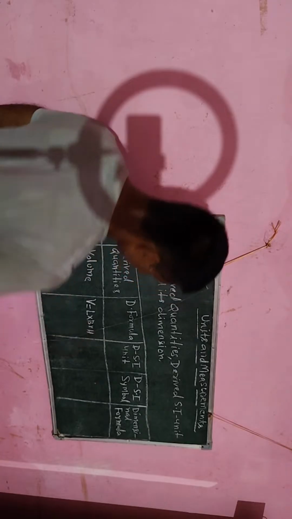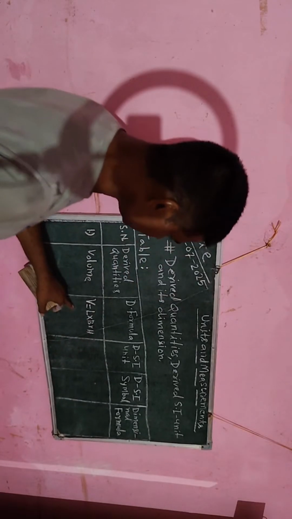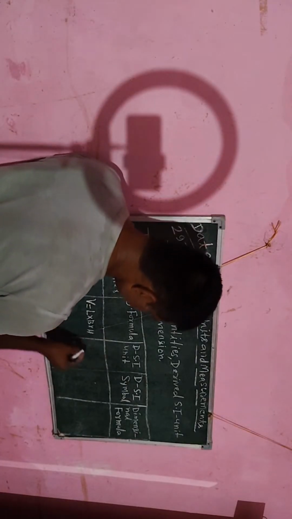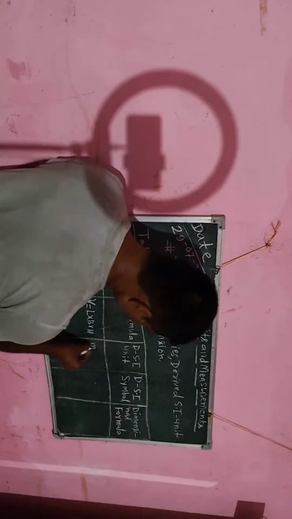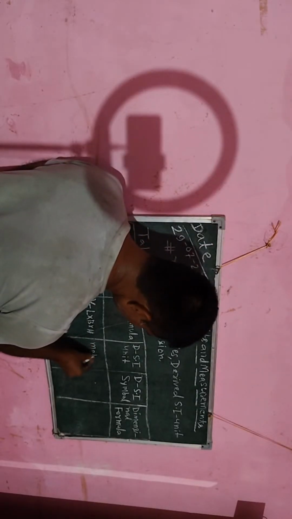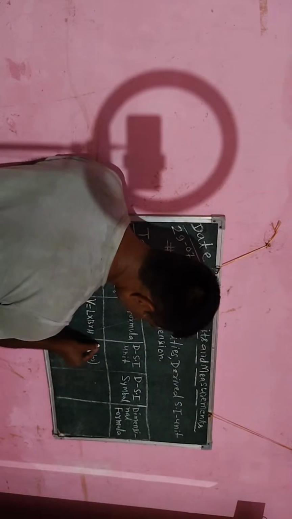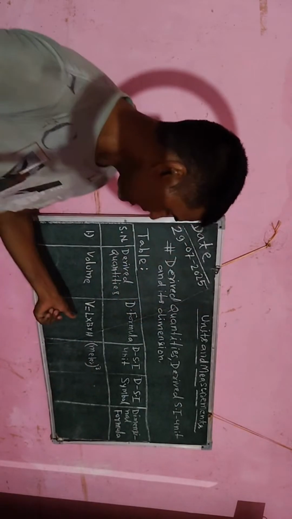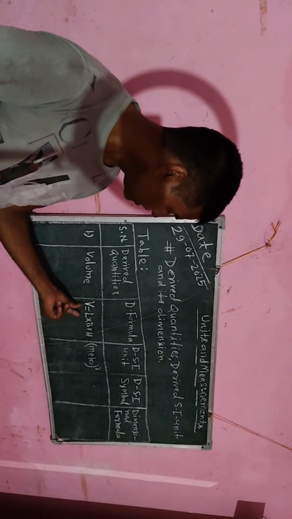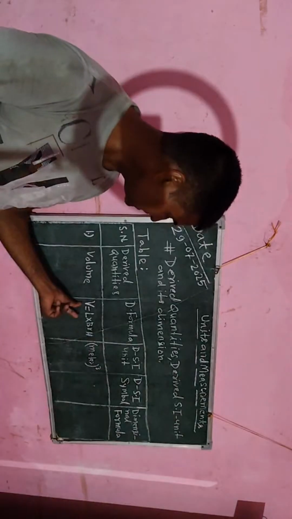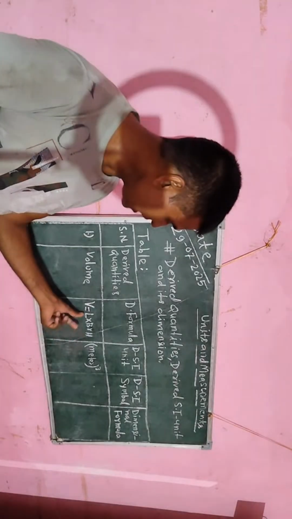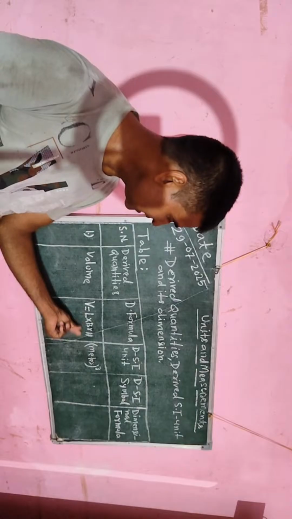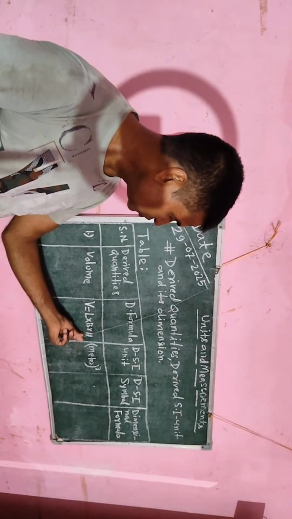This is the formula of a derived quantity. And we have to write its unit, so this is meter, this is meter, this is meter, therefore we will write meter cube. Here I will understand if any container has length, breadth, height, so I will calculate length in meter, breadth also in meter, and height also in meter.